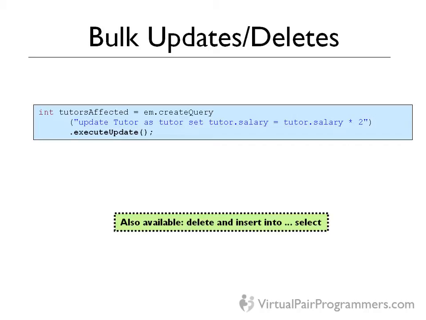But I want you to know now that you always have the option of using report queries, bulk operations such as these updates and deletes, and you can always, if you want to, go back to regular SQL. It really is a case of just choosing the best tool for the job, and you're always going to mix and match the tools.